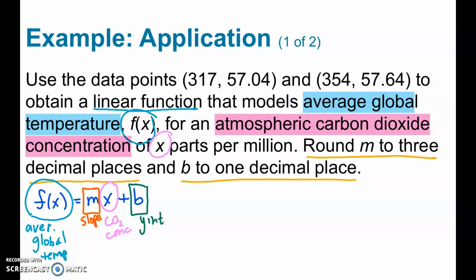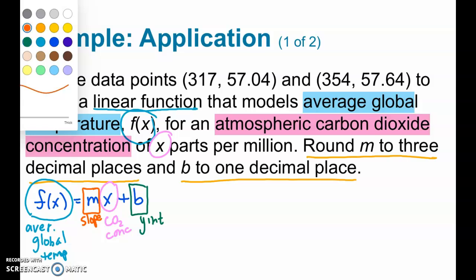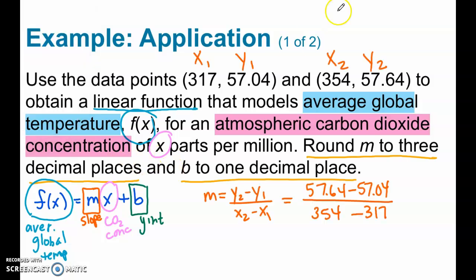So we will start by finding the slope. So I use my slope formula and I plug in the values for x1, y1, x2, y2. Make sure you label your points and then plug them in. We're going to take this and use the calculator. And so that's where we'll pick up the last video, which will be very short because we'll just finish this problem. So let's pick up there.